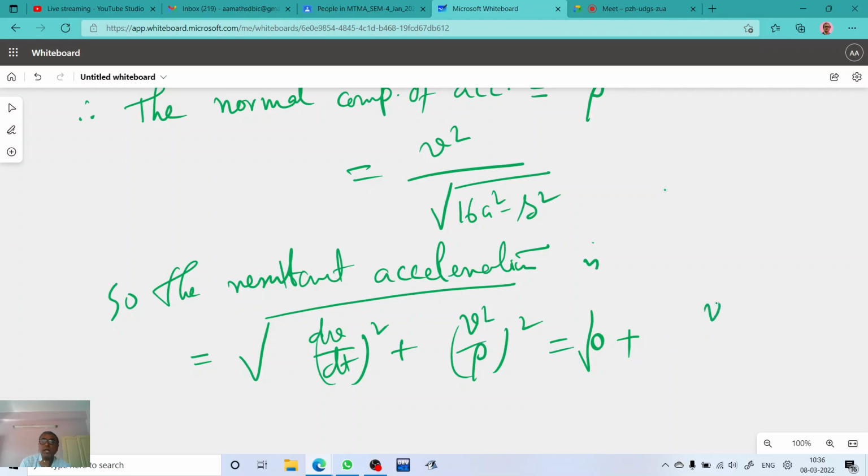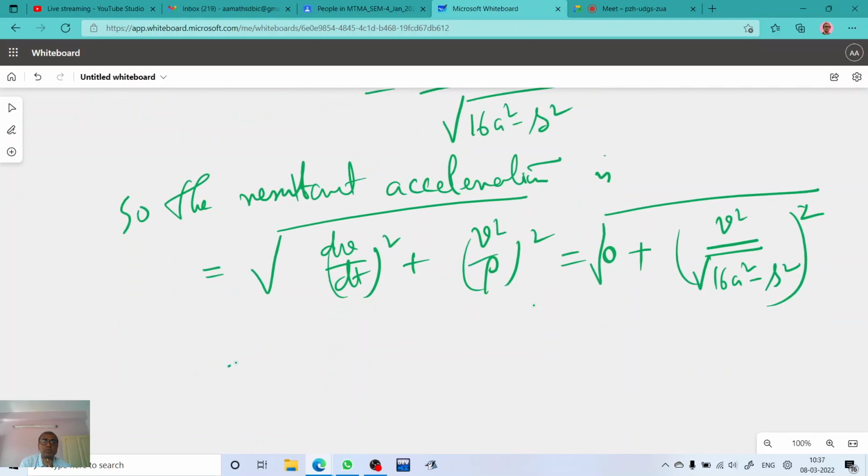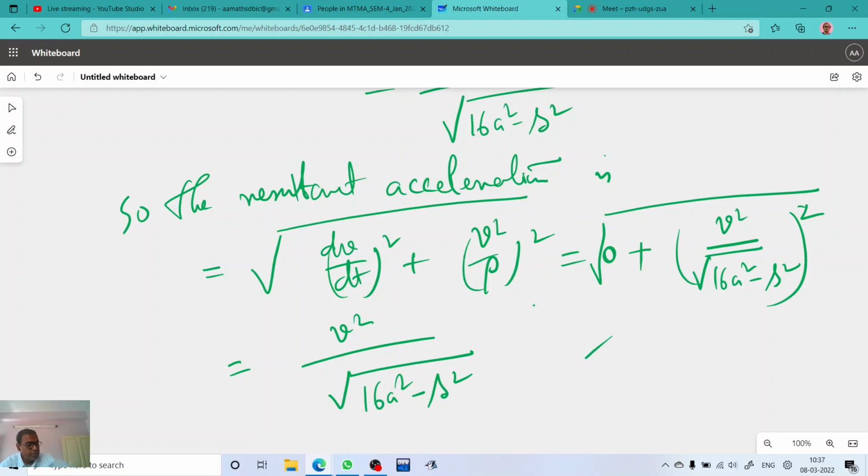Cancelling the square and root, we get v square by root over 16a square minus s square, and this is the resultant expression, which is along the normal. This is the magnitude.